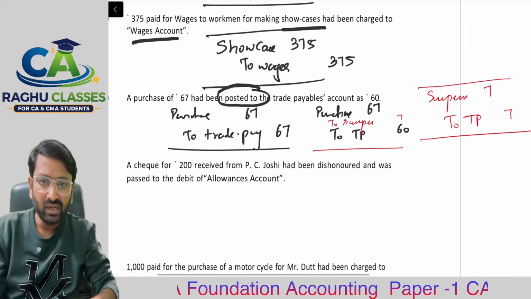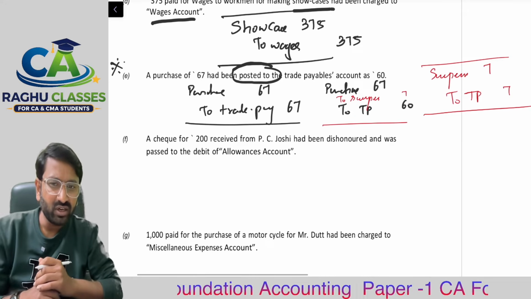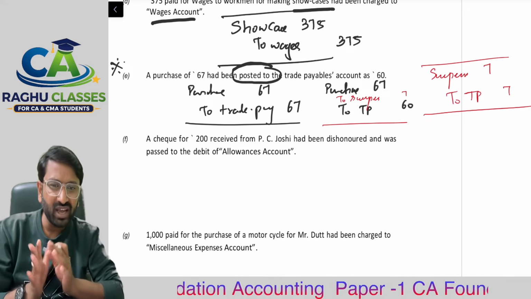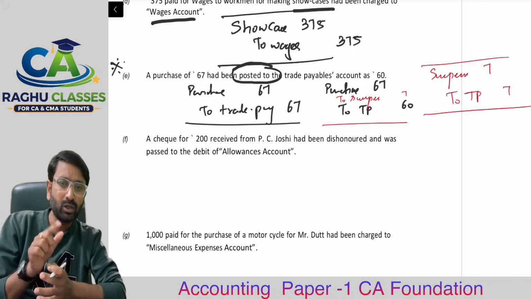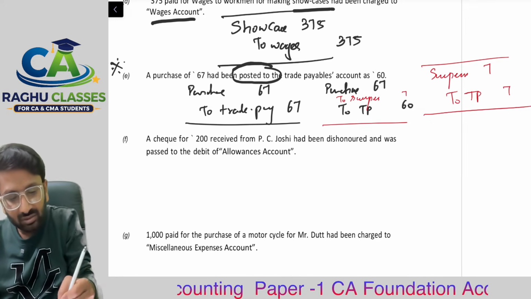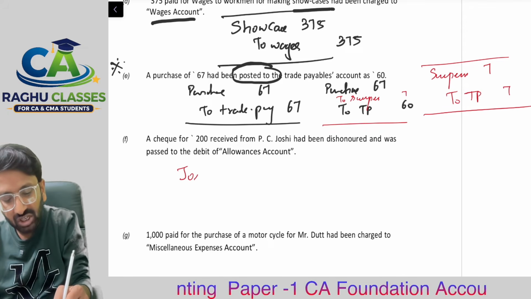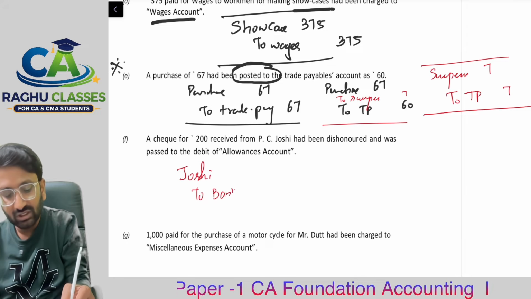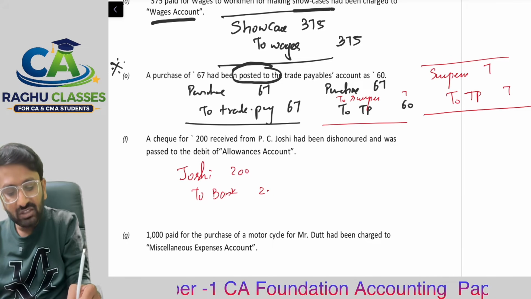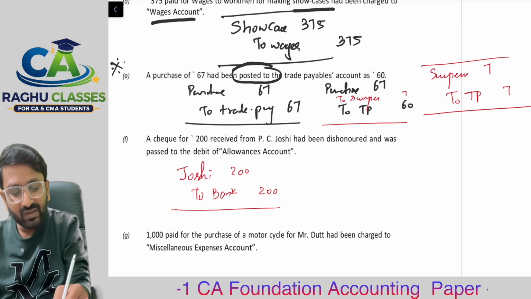Next one. A check of rupees 200 received from PC Joshi has been dishonored. You got a check from Joshi. So the correct entry will be bank to Joshi. If it is dishonored, the correct entry should have been Joshi account debit to bank 200. This is the correct entry. It is passed to the debit of allowances account.